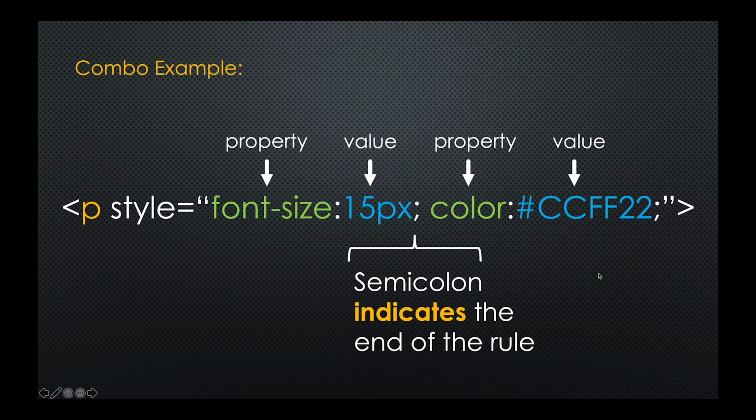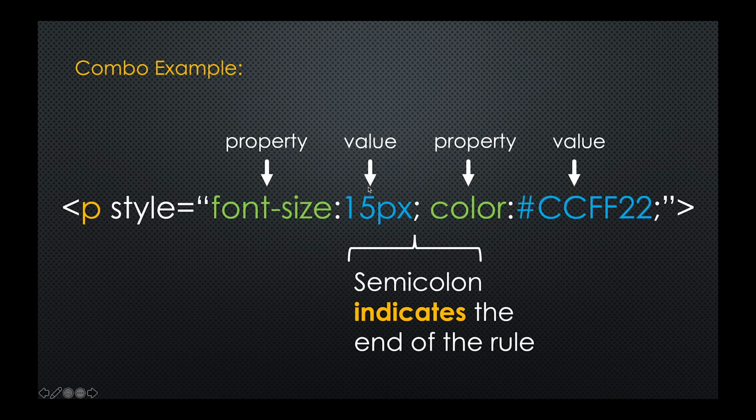If I want to combine multiple rules, I just need to type style once, and I apply the properties to that same style. For example, if I want to modify the size of the font and the color of the font inside of the same paragraph, I will apply the rules to the style, starting with one of the properties.